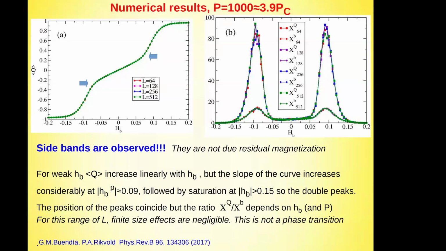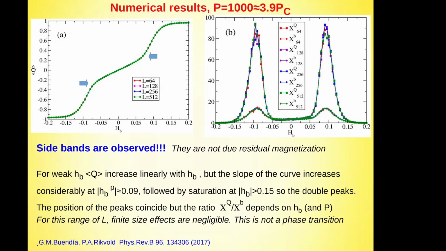But as soon as we introduce a bias, we break that symmetry. Notice the very strange behavior of this curve. There is one region here, for small bias fields, where the order parameter behaves almost linearly, and then suddenly it becomes much steeper. This is, of course, the reason for the sidebands.